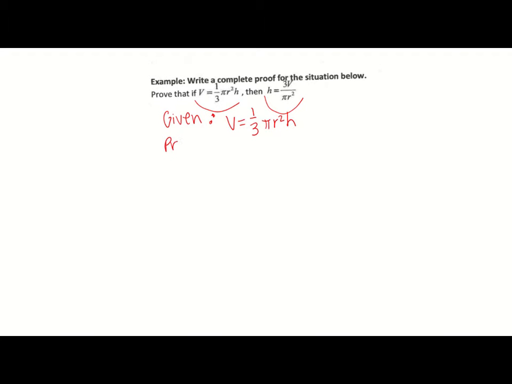We are trying to prove that h equals 3v over pi r squared. So I'm going to set up my two columns, my statements and my reasons.